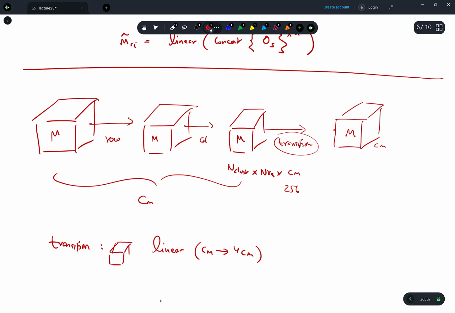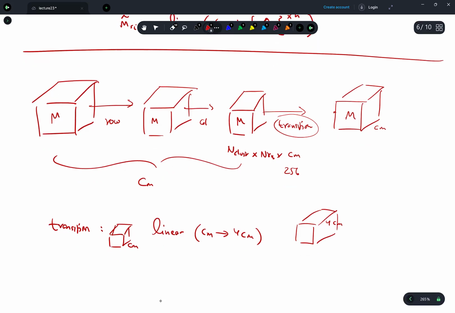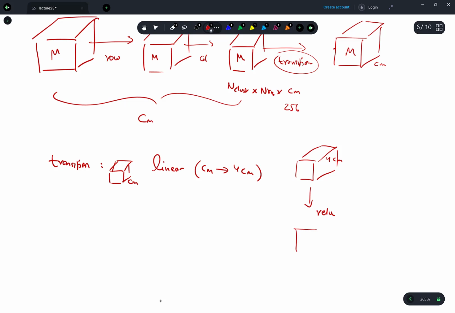That's the first linear layer. Then you do ReLU, so that still remains 4 CM. And now you map it back. So you do linear, 4 CM to CM, so out comes CM along the third dimension. The rest of the dimensions are preserved. I'm only showing you what happens to the feature dimension, right? So it's really two linears with a ReLU in between.